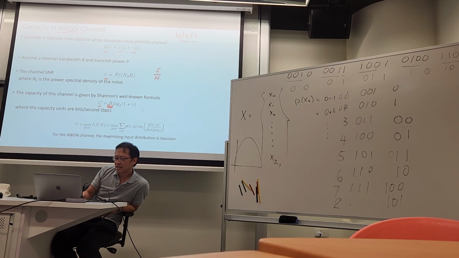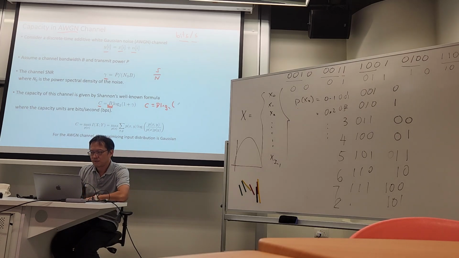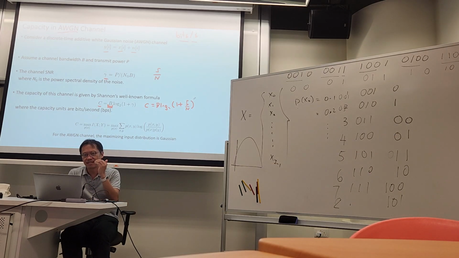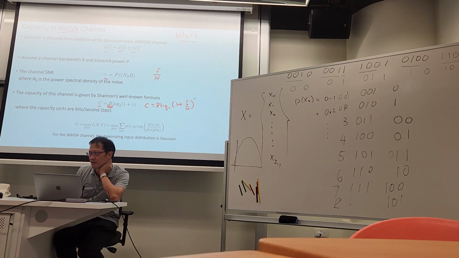Sometimes in the earlier slides you will see this written as C equals bandwidth times log base 2 of 1 plus signal over noise, that is 1 plus S over N, the signal to noise ratio. Do you know what the signal to noise ratio is?